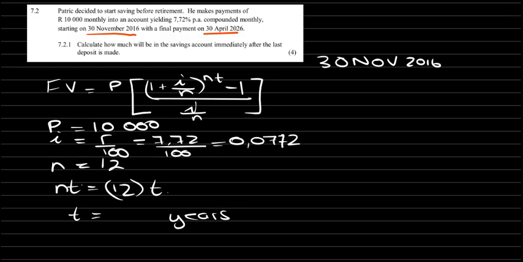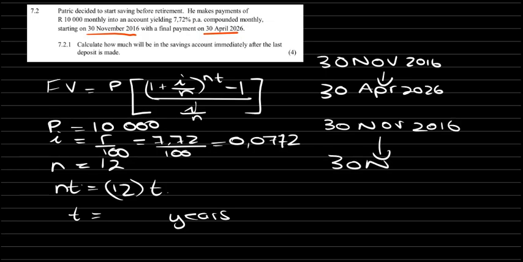So from the 30th of November 2016 to the 30th of April 2026. What I generally do is, if the end month is before the start month, like April comes before November in this case, I calculate from the 30th of November 2016 to the 30th of November 2025, a year before the actual date that I'm interested in. And that is 9 years. And now we need to count the months.